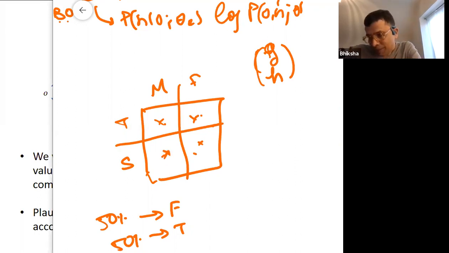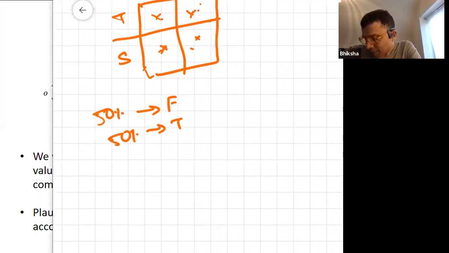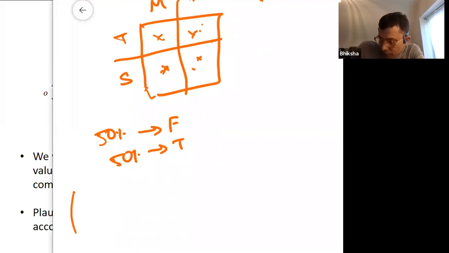What is the probability that you have tall male people? What is the probability that you have tall female people, etc.? Right? But then, suppose I give you a person's gender. I tell you the person is male. And then I ask you, what is the value of their height? Is this answer unique?